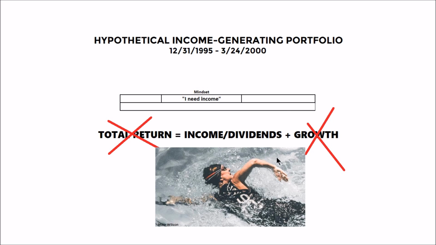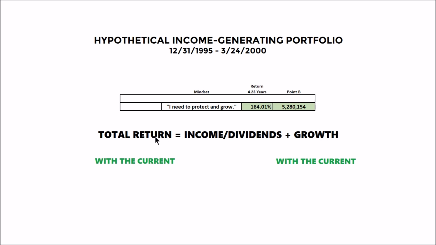And we narrow our options when we get stuck in the I need income box. We can't force an income portfolio into an environment that's not favorable for income. So we have to adjust and think about total return in all of our options.